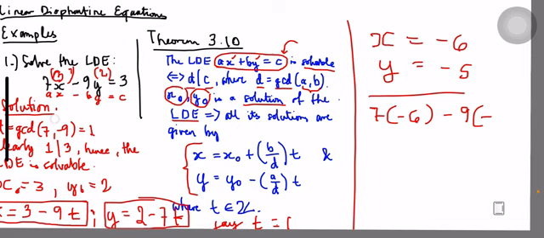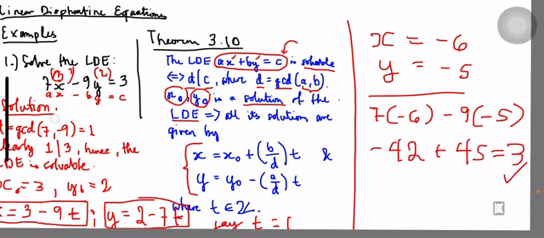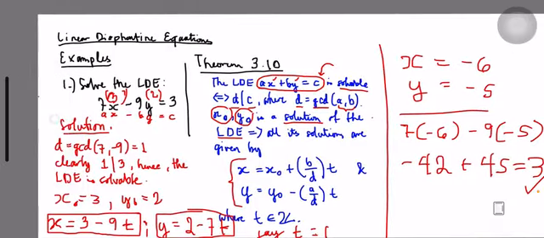This is going to become negative 42, and this is going to become positive 45. So clearly you can see that the answer is positive 3, which makes it clear that this is a general solution. If you want to check more, you can. But by theorem 3.10, it guarantees that all of the solutions will be in that form.